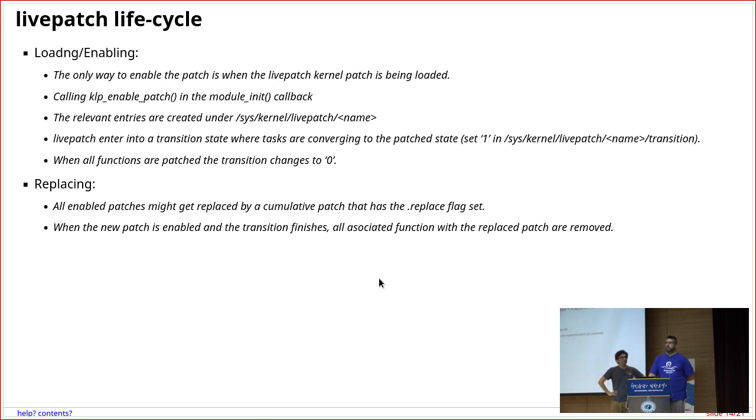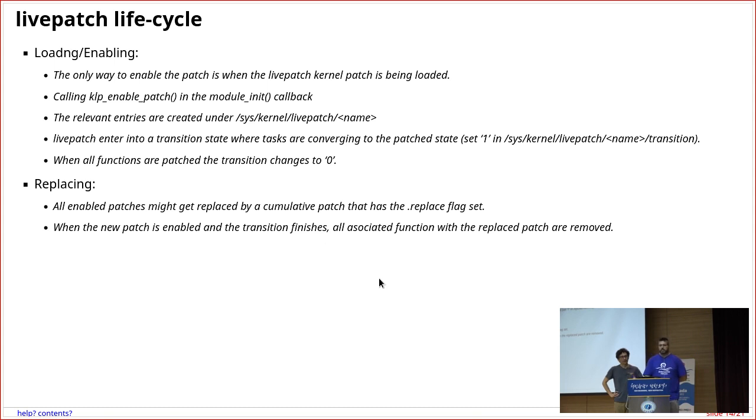The relevant entries are created in /sys/kernel/livepatch under the name of the patch, and transitions are written in the transition file. When the transition starts, the number 1 is set in this file, and when everything finishes, the transition changes to 0.